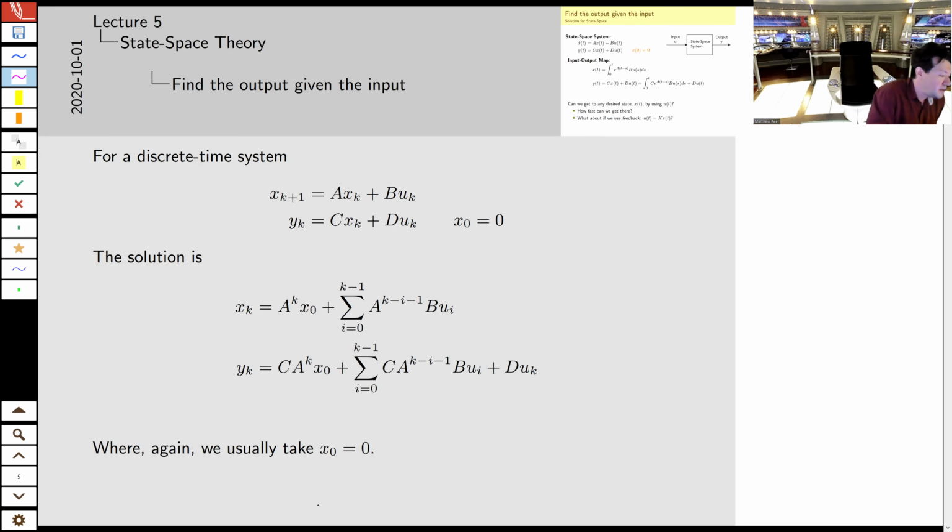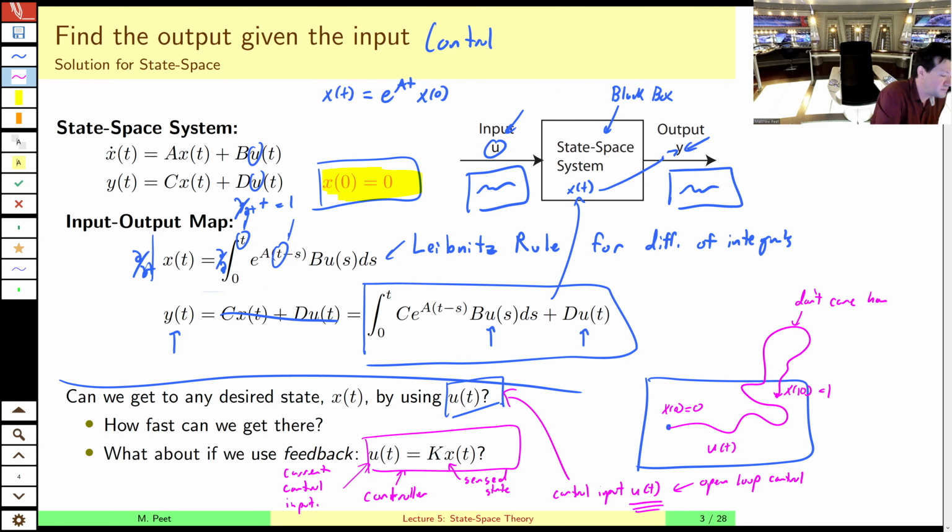Okay. Of course, for discrete time systems, we have a similar thing. Oh, by the way, I said I was going to emphasize this point. The initial condition, right? I mentioned briefly your initial condition here. When we talk about input to output properties, we would like to get rid of whatever's going on in the black box.